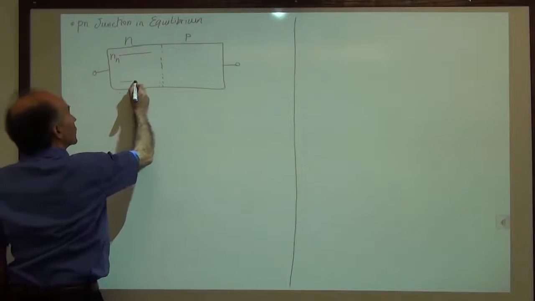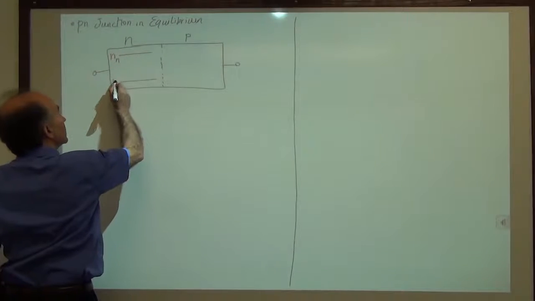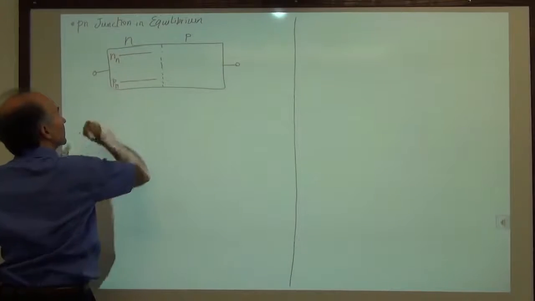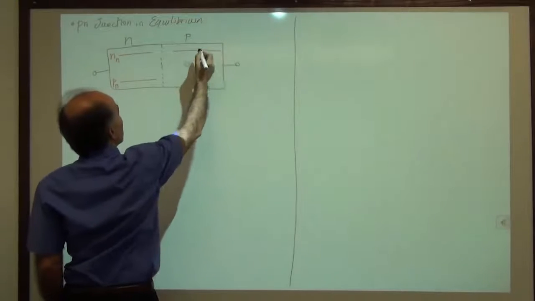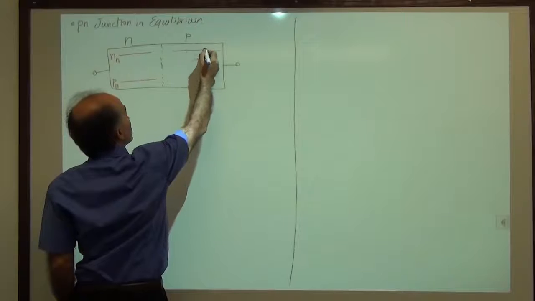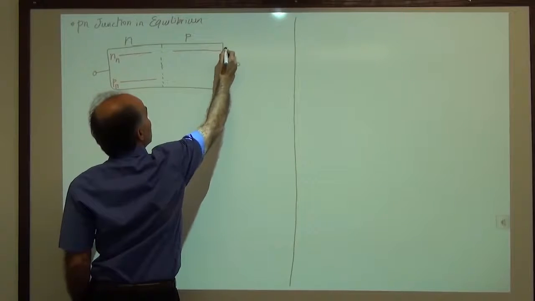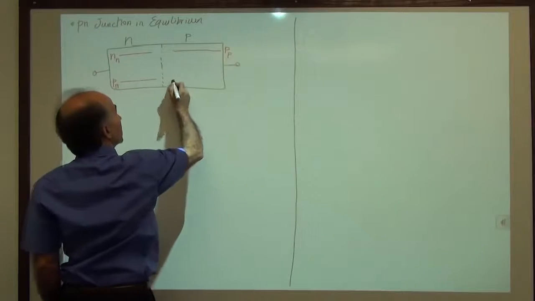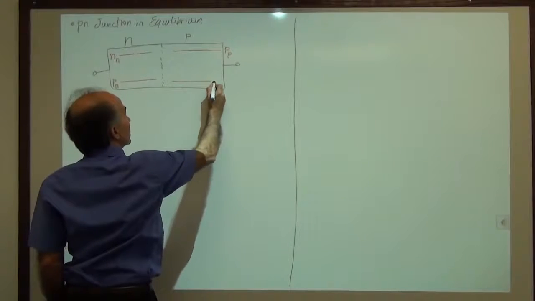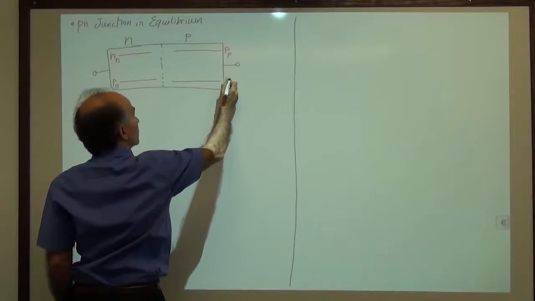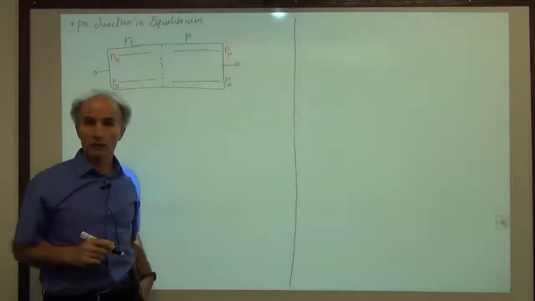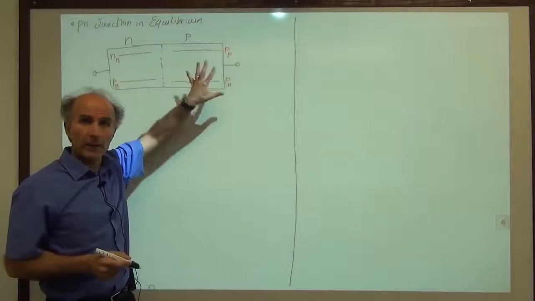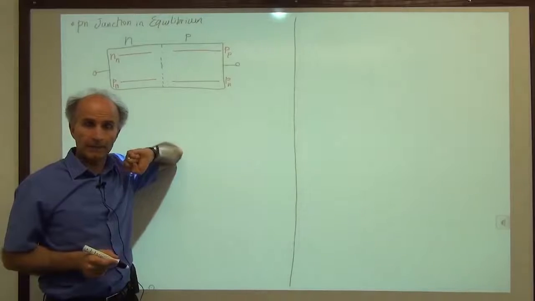And a low concentration of holes, p sub n. Then we have a high concentration of holes on this side, which we call p sub p. And then we have a low concentration of electrons, which we call n sub p. Right? That's what we have in the n-type and p-type pieces.